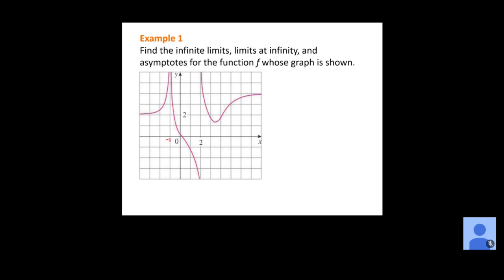So here's -1 right here. Notice as we go up towards that value, it's actually approaching positive infinity. So we would say the limit as x approaches -1 of our function f is going to be equal to positive infinity. Any questions about that one?